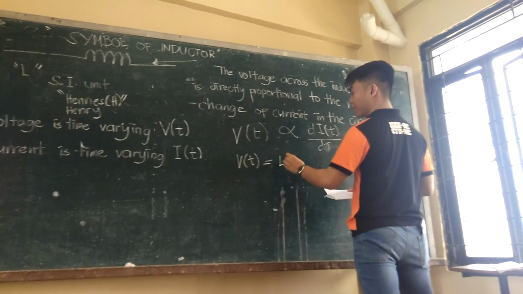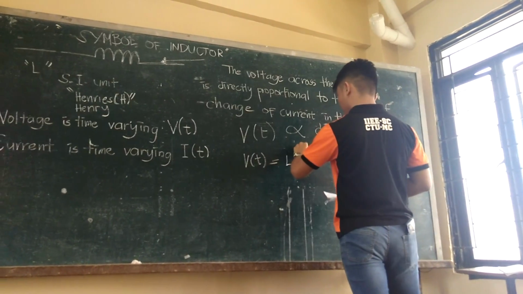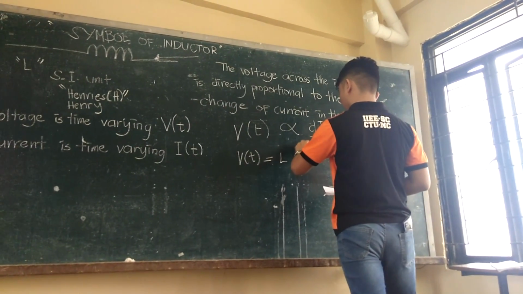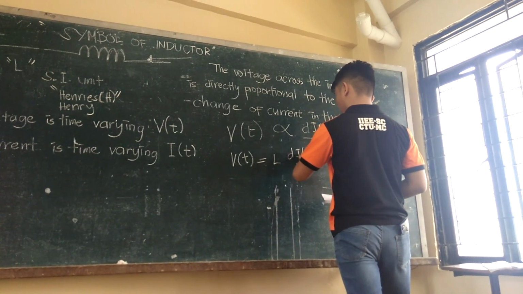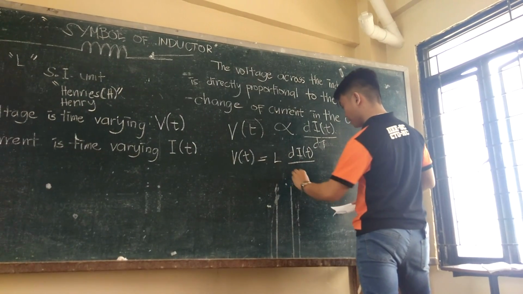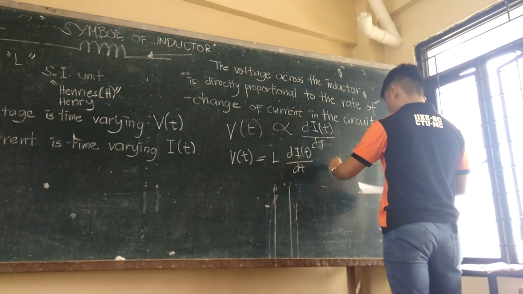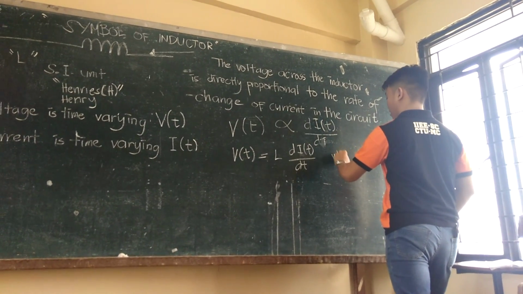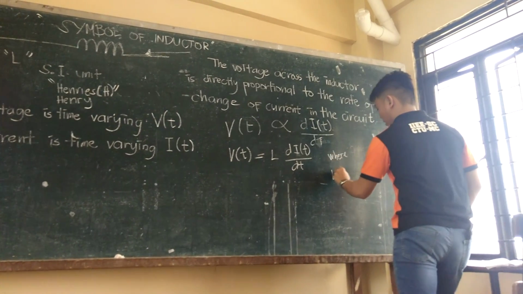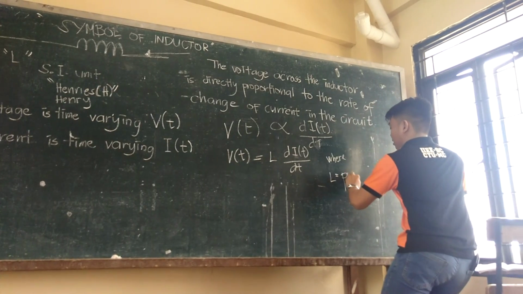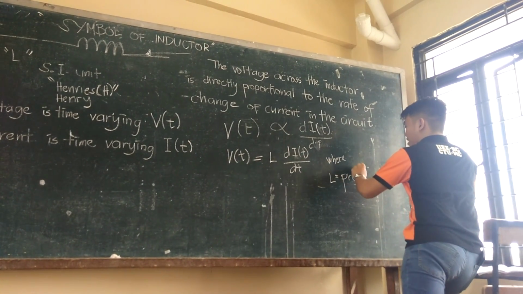So V equals L, the symbol of the inductor, times di over dt, where L is the proportionality constant. So L there is the constant.